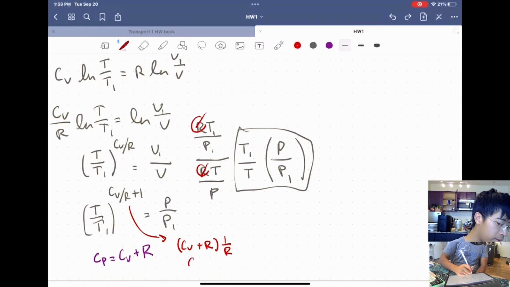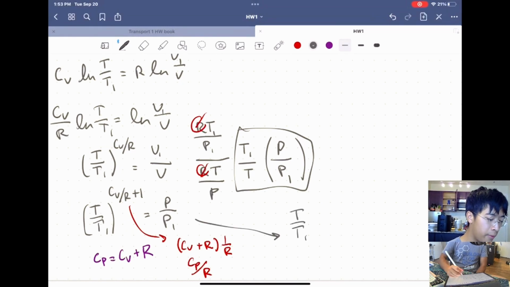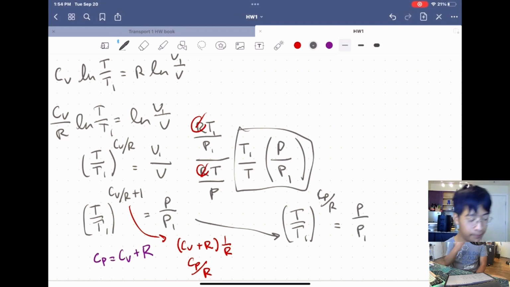So we actually have heat capacity at constant pressure over R. So let's move on. We now have temperature over known temperature raised to the power of heat capacity at constant pressure over R is equal to pressure over known pressure.